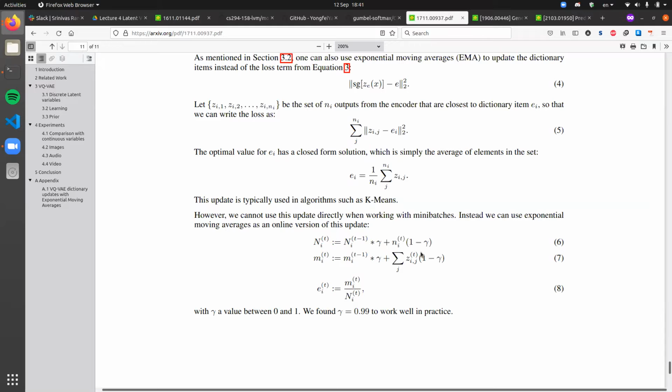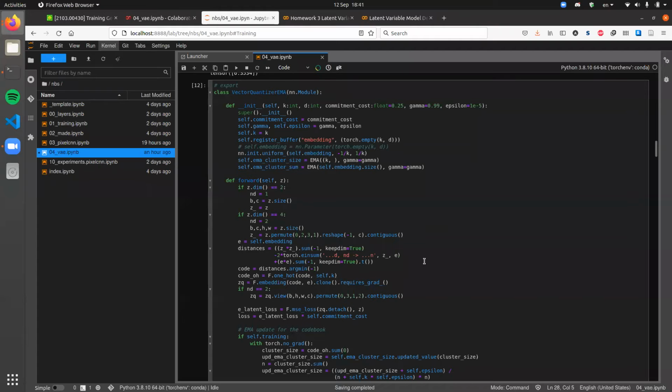For example, we might want to decay the schedule for updating model weights in some particular way, but we do not necessarily want the same schedule for updating the codebook. Here we just disentangle it completely. So the codebook is learned not via gradient descent, but just using these exponentially moving averages of the closest encodings. Okay, and let me switch back to the implementation.